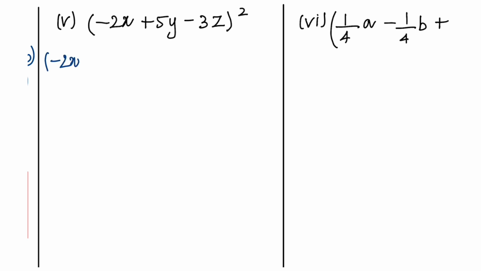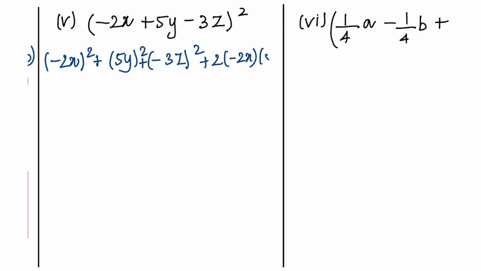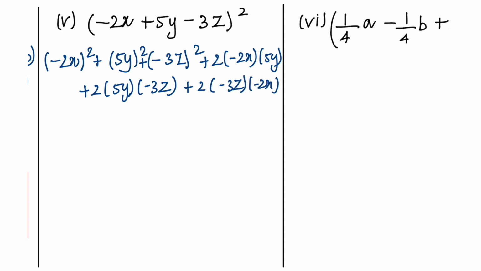So minus 2x the whole squared plus 5y the whole squared plus minus 3z the whole squared plus 2 into minus 2x into 5y plus 2 into 5y into minus 3z plus 2 into minus 3z into minus 2x.